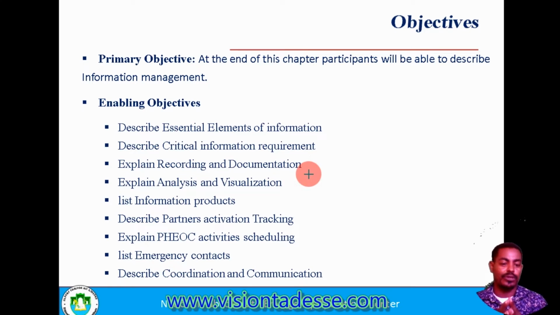That is very important. Explain Public Health Emergency Operation Center activity scheduling and list emergency contacts. Describe coordination and communications, which are very important. Let us continue and see it step by step, slide by slide.